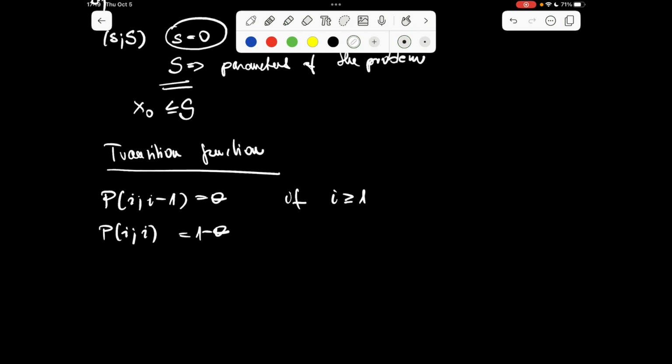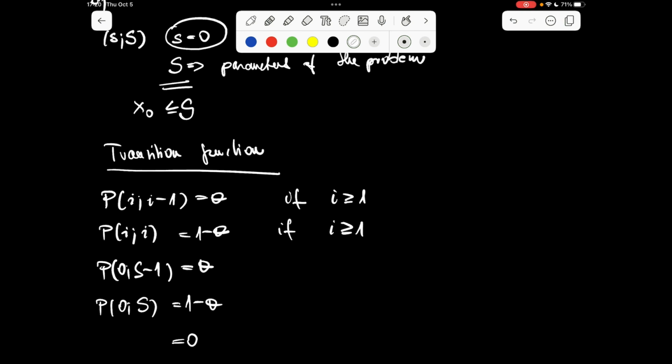Pii is 1 minus theta if i is greater than or equal to 1, and we have 3 further lines, and 0 otherwise.